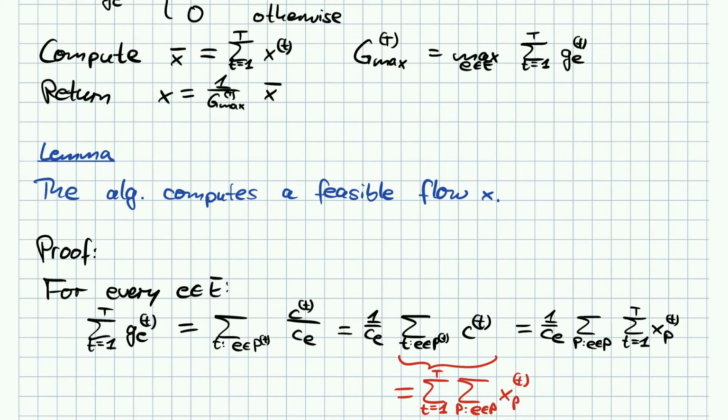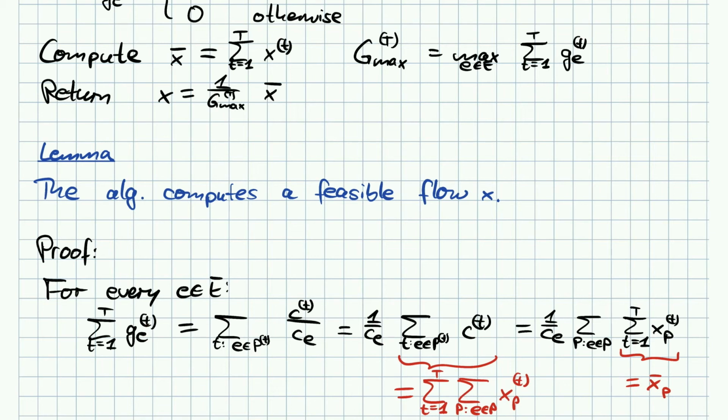But this thing here, we exactly called x bar p, because x bar was just summing up all the x^t vectors. Good. So this is the gain of one particular edge overall.